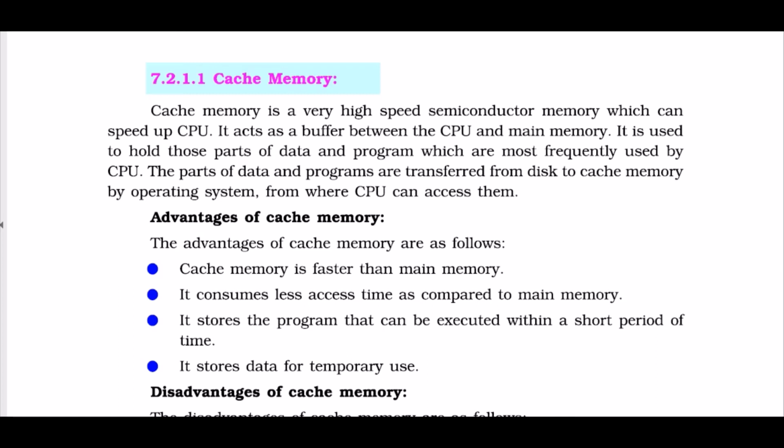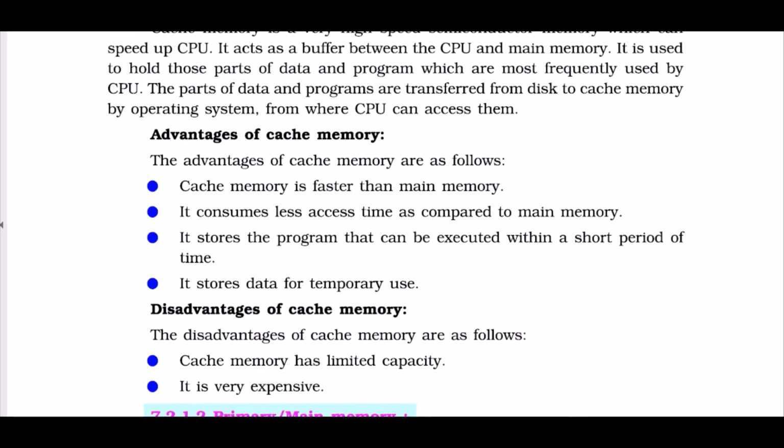Basically, the advantages of cache memory are that it's faster than the main memory and consumes less access time. Again, if it's faster, it will consume less time. It stores the program that can be executed within a short period of time. It stores data for temporary use.